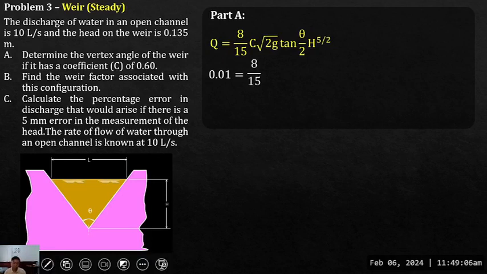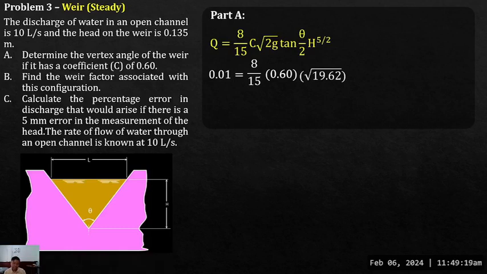Equals 8 over 15 times the C coefficient, that is 0.6, times square root of 2G, which is constant, di ba? Times tangent theta over 2. Theta is what we're looking for. Sige, manipulate nyo algebraically. So divide both sides by the weir factor. And then arctan nyo times 2, di ba?